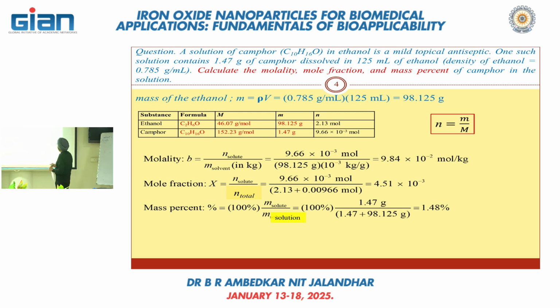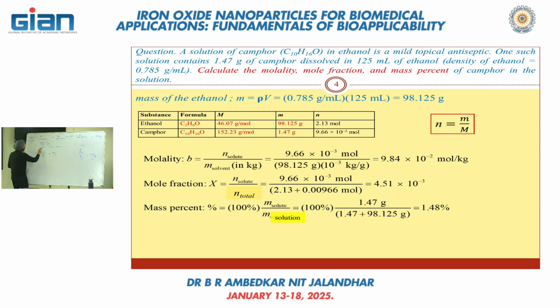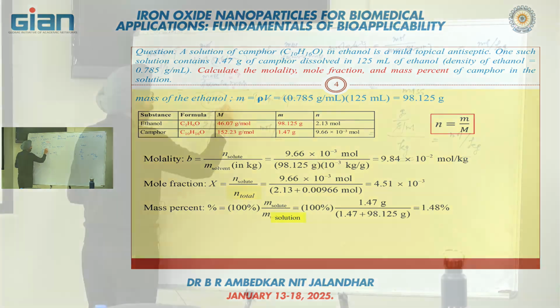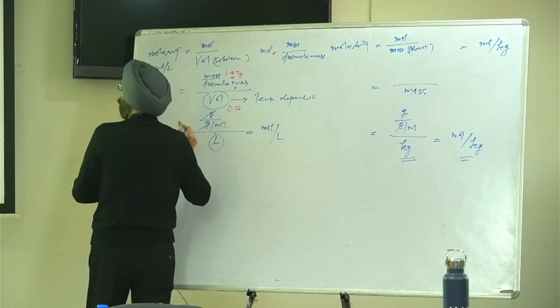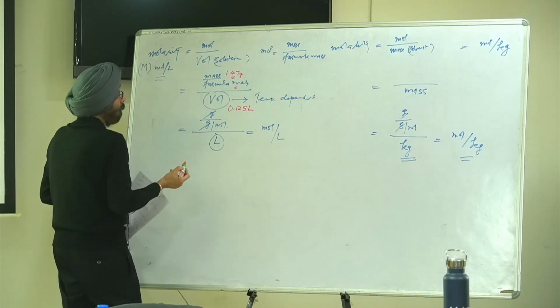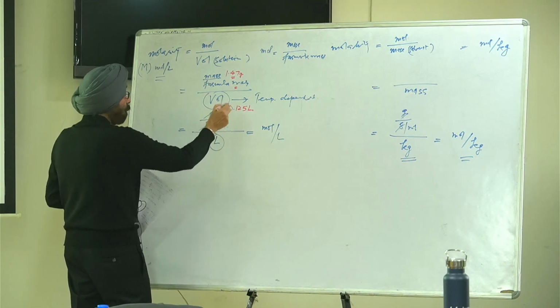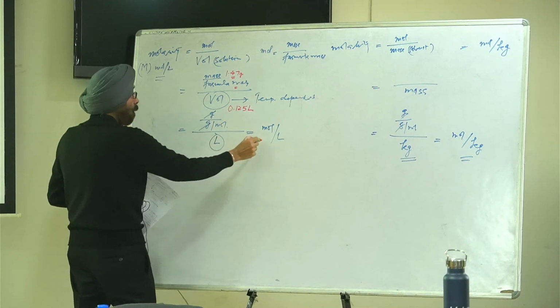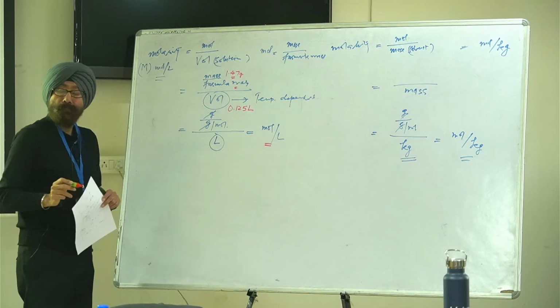You choose 125 ml as the volume of the solution, assuming that 1.47 gram is not going to significantly alter the volume. But you have to choose the L units, and therefore it's 0.125 L, and now when you evaluate it, you will have the correct value of the molarity.